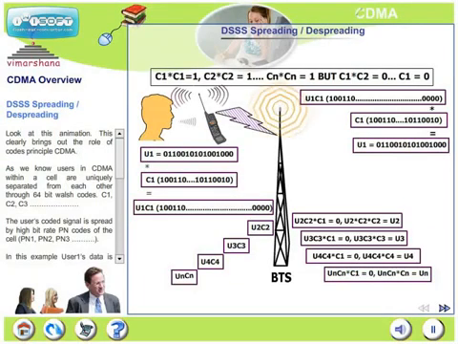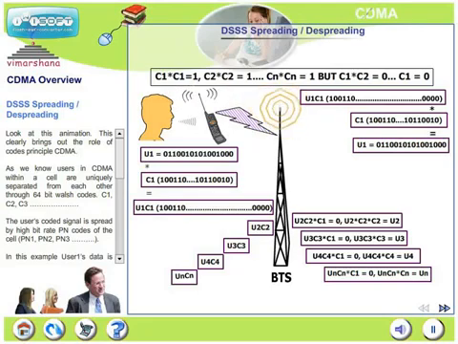So let us look at this animation. This clearly brings out the role of codes in CDMA. As we know, users in CDMA within a cell are uniquely separated from each other through what is known as Walsh codes, and these Walsh codes are 64-bit length.